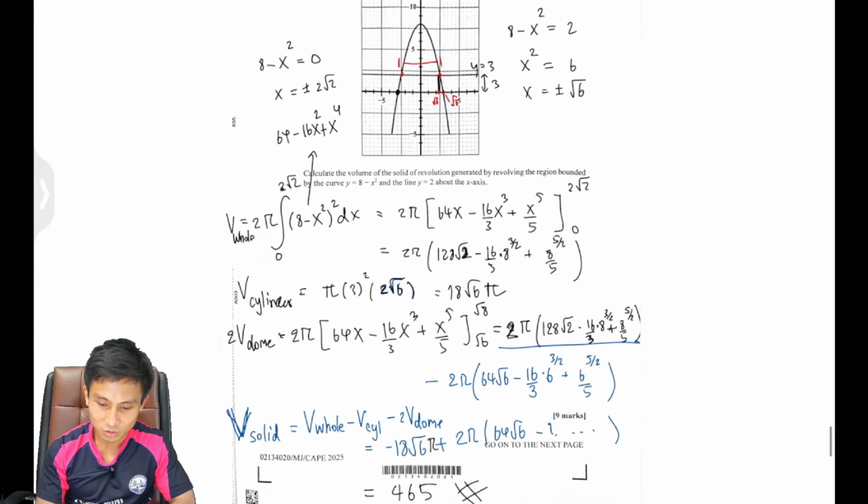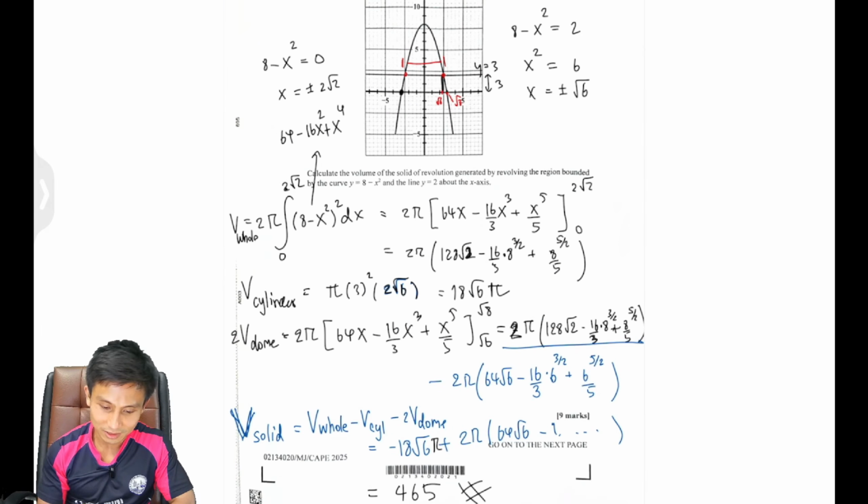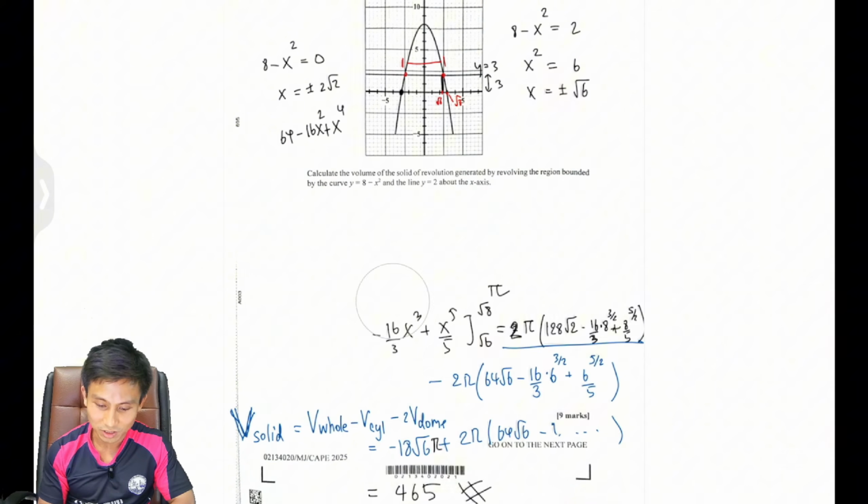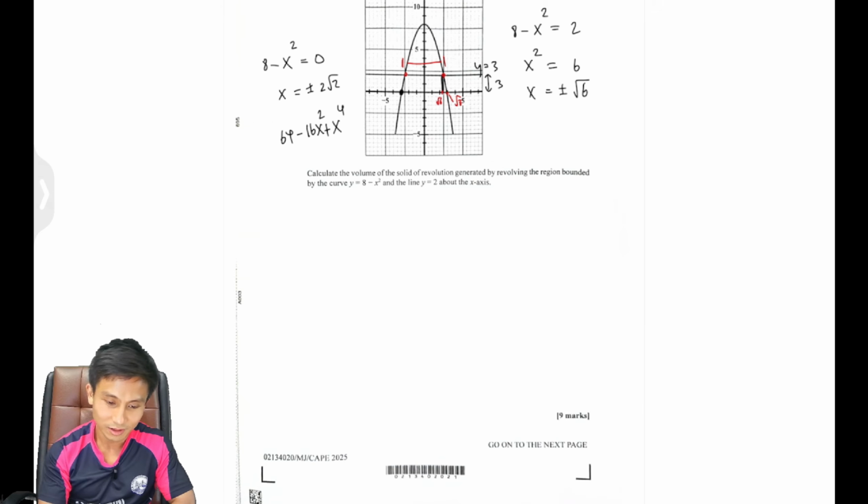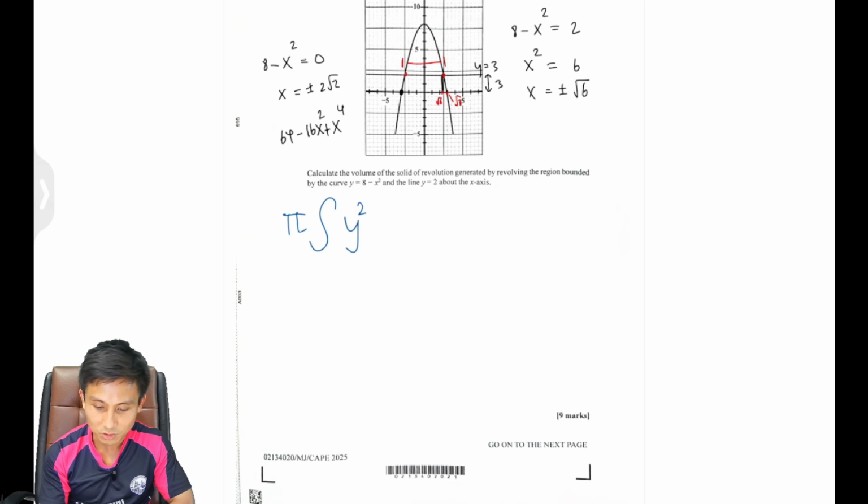Yeah, so I'm going to rub all of that, because I think I teased it a little bit first, that you can use the subtraction method. Okay, so the normal volume of solid of revolution would be the integral of y squared dx, right?